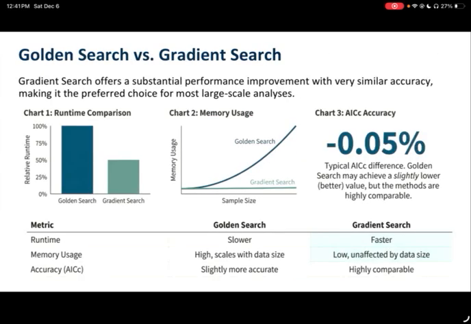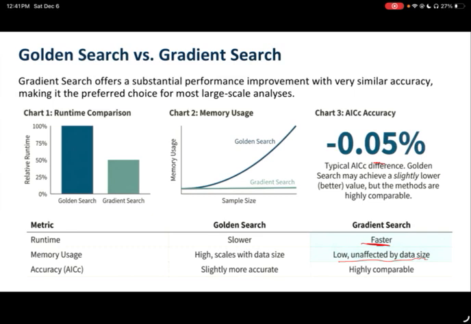And usually for the previous study and current study, they use either golden search or gradient search. For both methods, they are quite comparable in terms of AIC, but in terms of runtime, the gradient search is much faster and has low memory usage, but the accuracy difference is not significant.